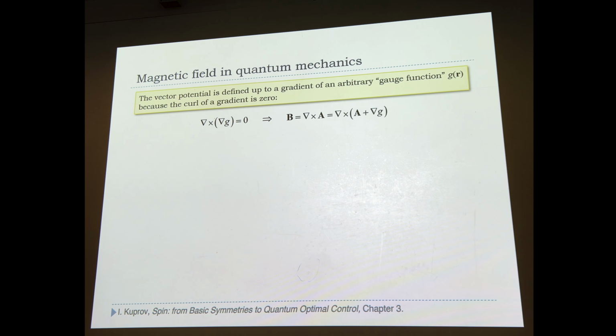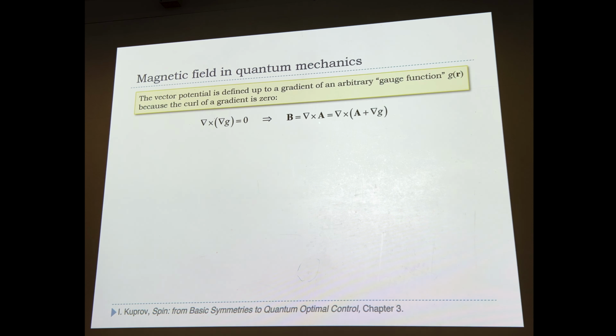Okay, another quantity that adds to our problems is this arbitrary term in the vector potential, slightly more general than just the coordinate offset. You may remember from your calculus course that the curl of any gradient is 0.